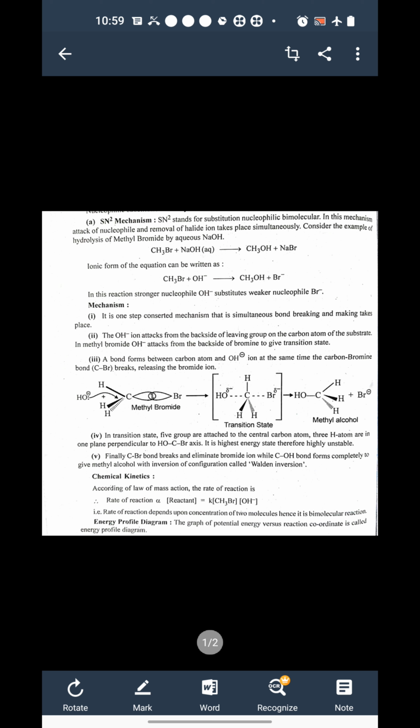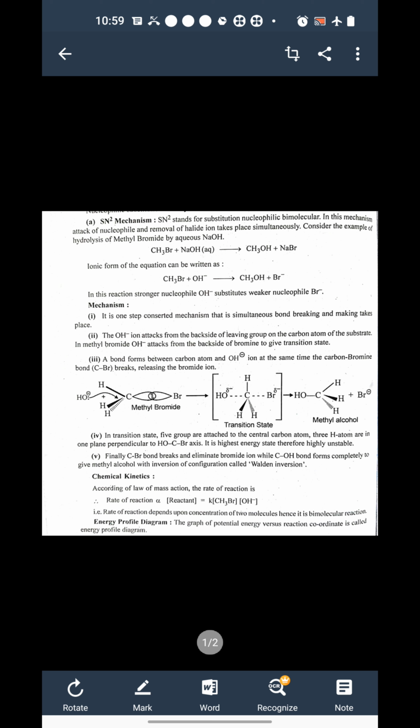You can see the transition state, where the Br bond is breaking and the new bond, that is the OH bond, is forming there.